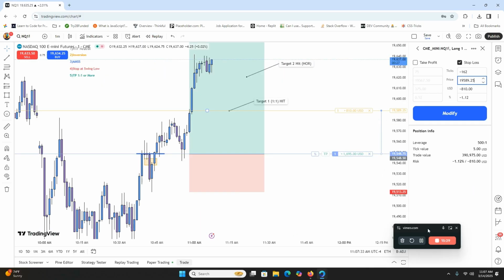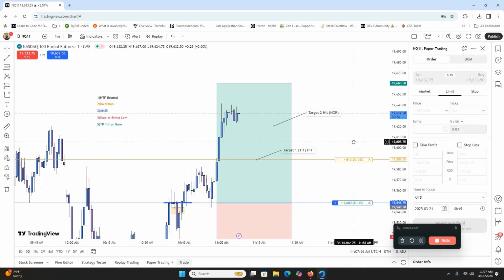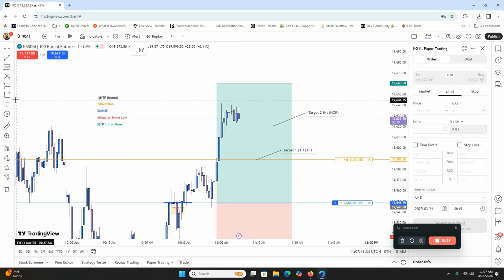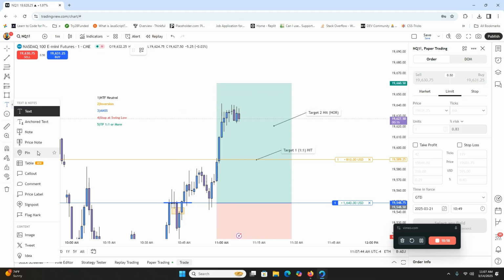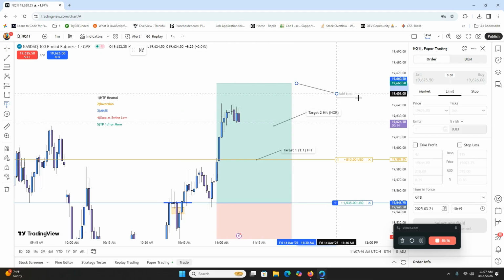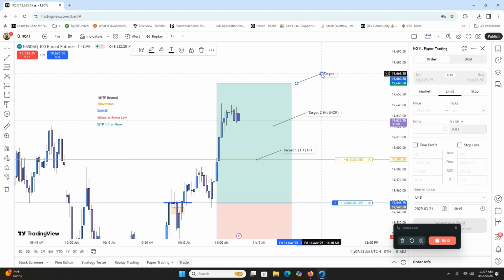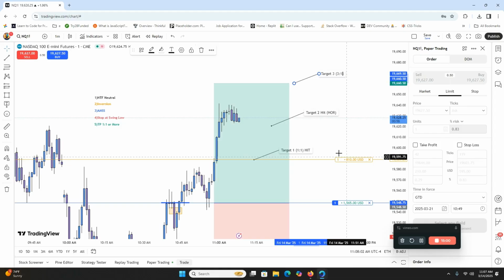Okay, if we hit target 3, which would be a 3-to-1 risk to reward, then we move our stop up again, but it's still keeping us in the trade. So that's the way I like to do it.